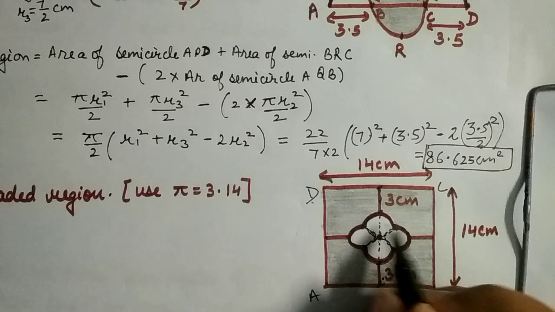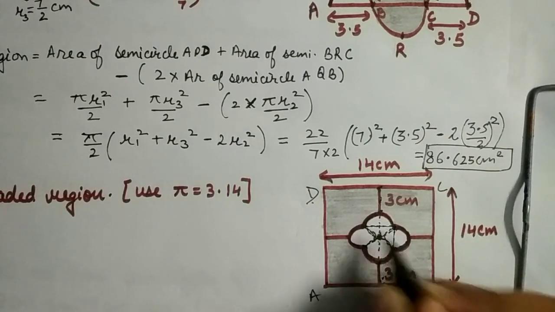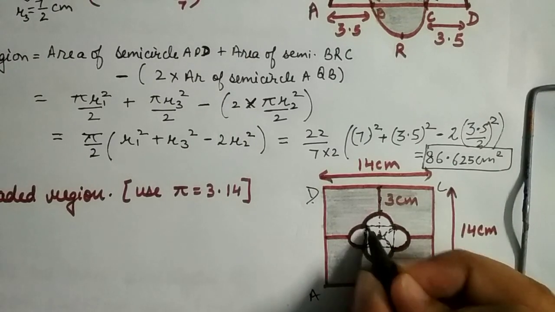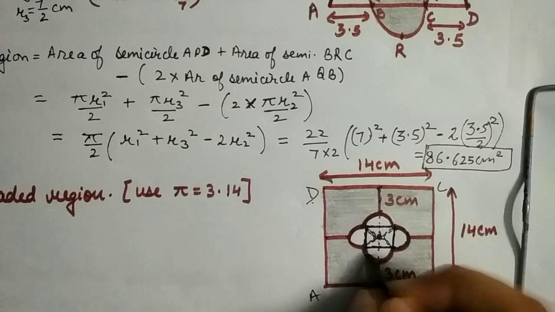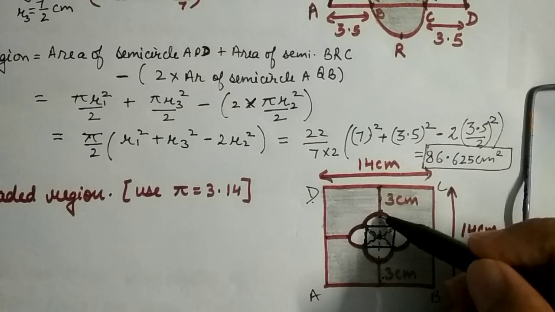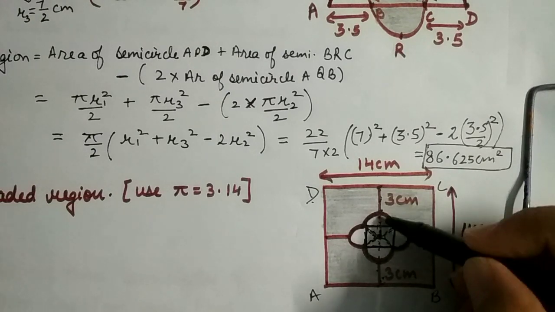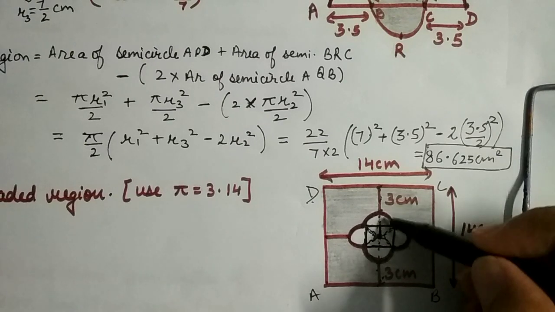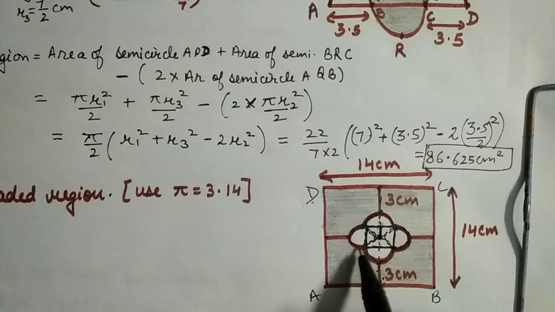Okay, and you can construct a square from here. Okay, this is a square, and as it was 8 centimeter, so this is 4 centimeter and this is 4 centimeter. So this square will be of side 4 centimeter.